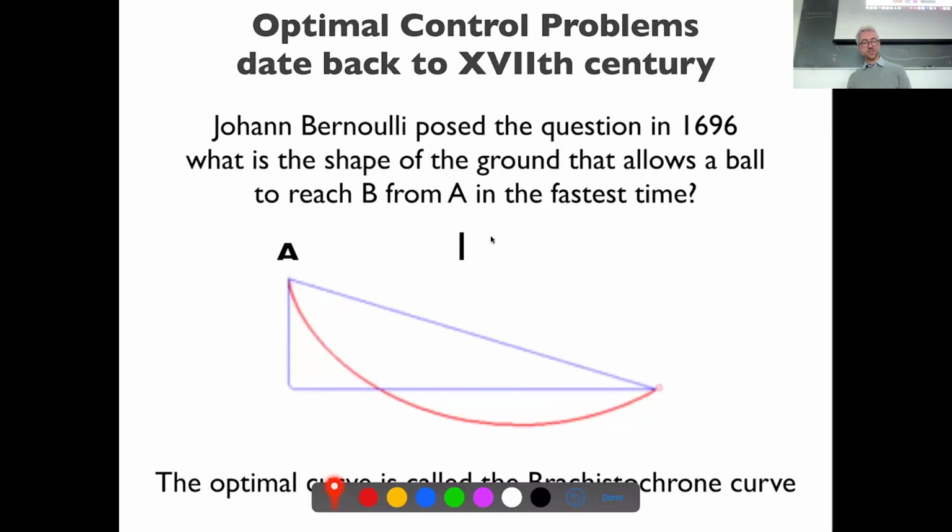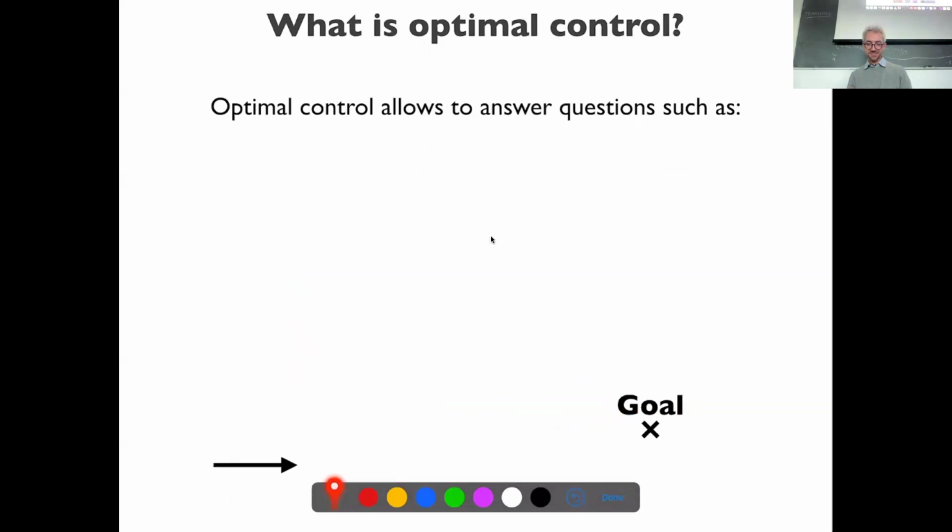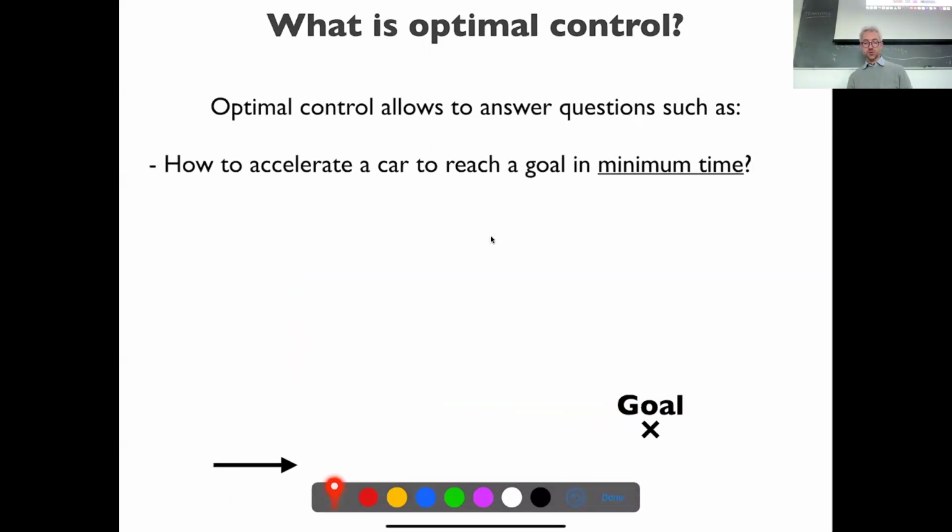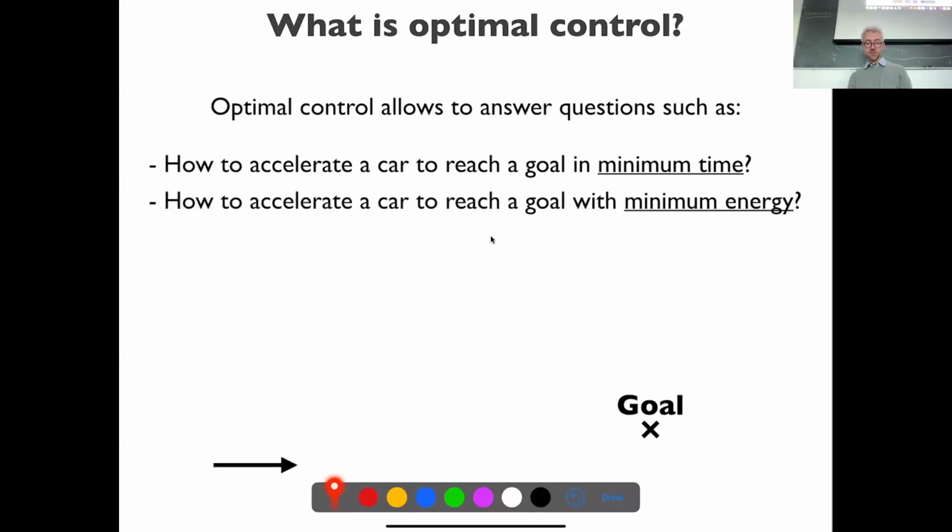Of course, since the 17th century, optimal control has made some progress, so now we are able to answer questions that are much more complex than this one. In general, optimal control can be used to answer questions such as how can we accelerate a car to reach a given goal in minimum time, so solving minimum time problems. How can we accelerate a car to reach a goal with minimum energy?